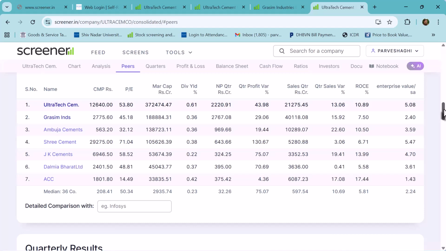Now, as I told you, expensive can mean that it is very expensive and we should not buy it. Or it can also mean that it is expensive because people find that this is a good company, it has a great future in terms of growth, and it is going to grow much faster than the others. So people are buying it and pushing up the prices, and the PE ratio looks elevated over time. But somewhere you have to stop, because at some point it will become expensive.